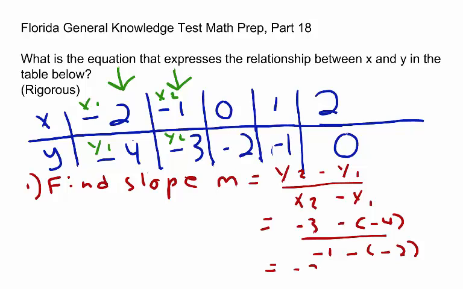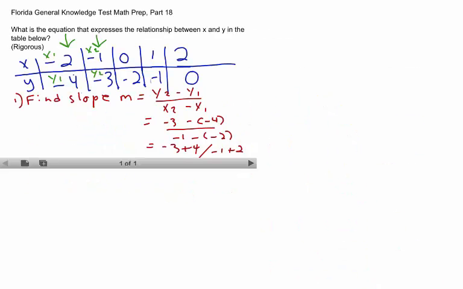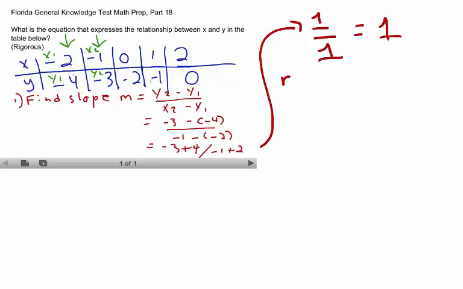This gives us -3 plus 4 divided by -1 plus 2, which simplifies to 1 over 1, or simply 1. So we know that our slope m is equal to 1.